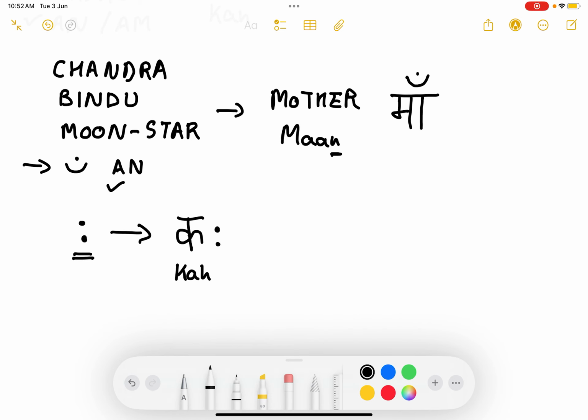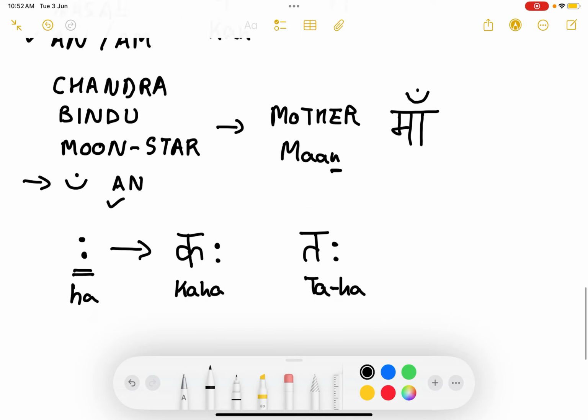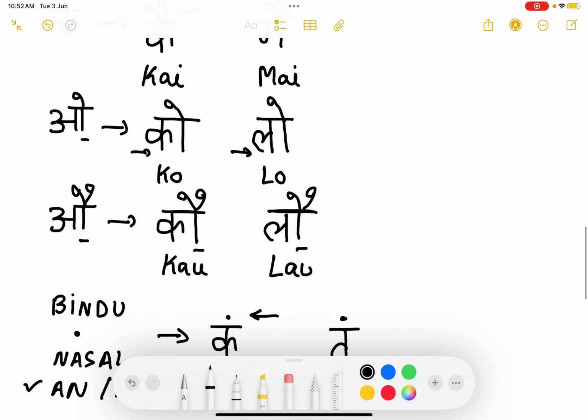Let's try another example. These two dots: tah. H is the sound which this colon matra brings. It looks like a colon. So we saw all these matras today.